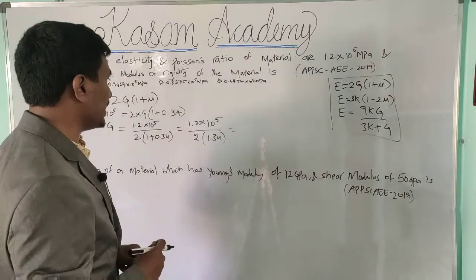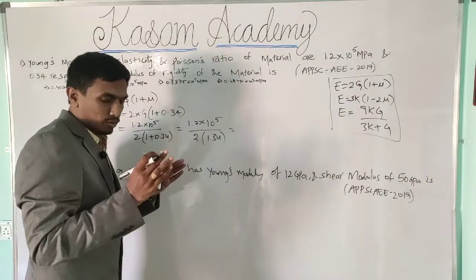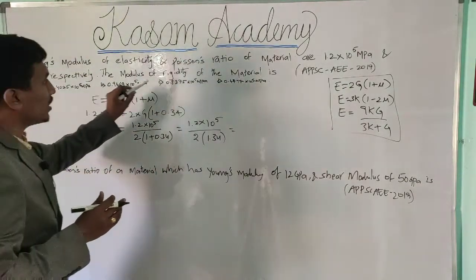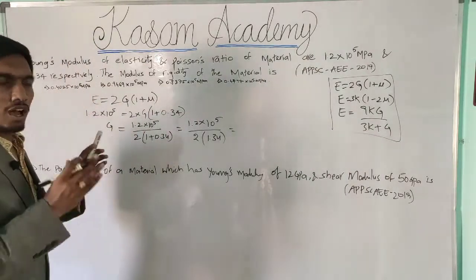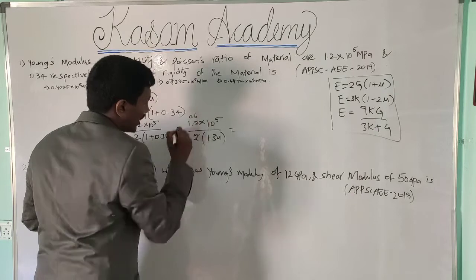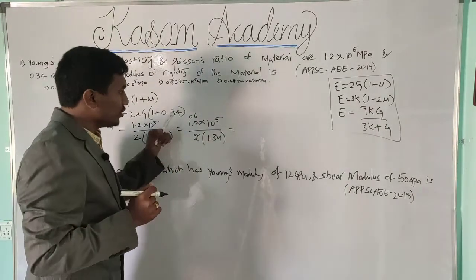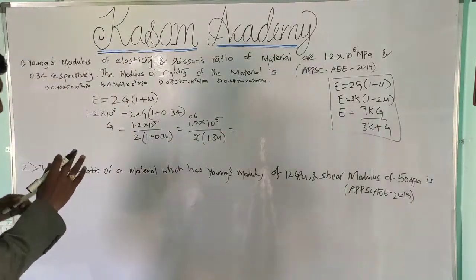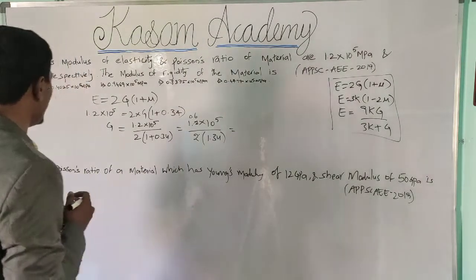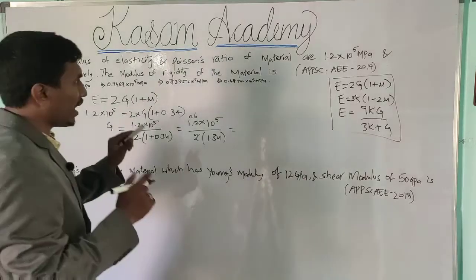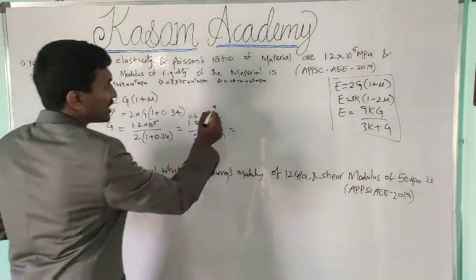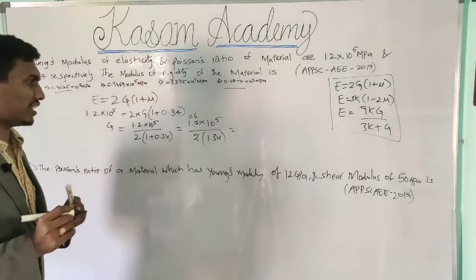Here we will be getting an approximate value. For a competitive examination we should check the options with the approximate value. Here 2 into 1.34 is about 2.68, and we get a nearest value of about 0.5. There are two options: option A is 0.4025 and the second option is 0.4477.